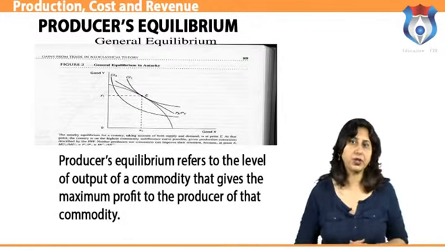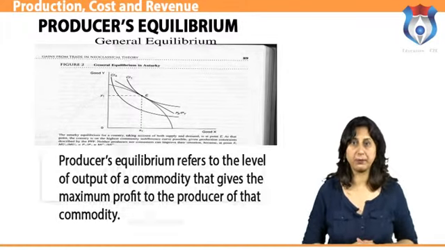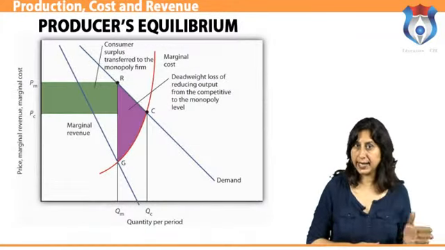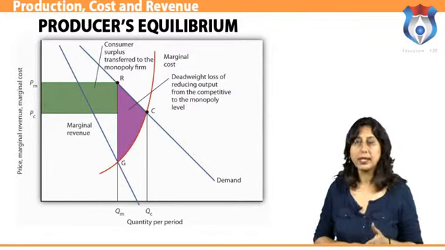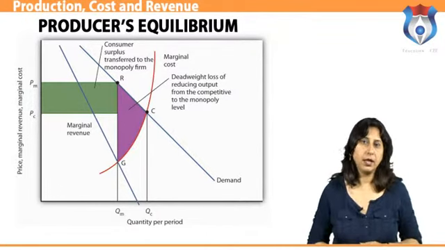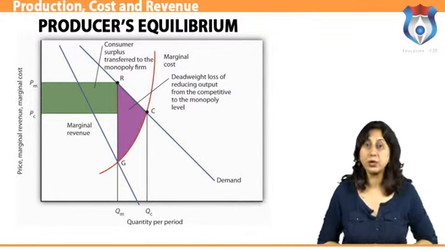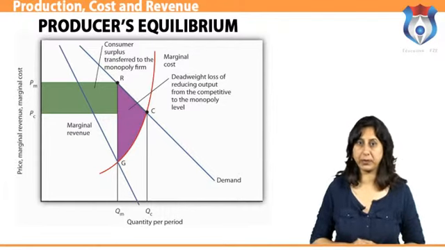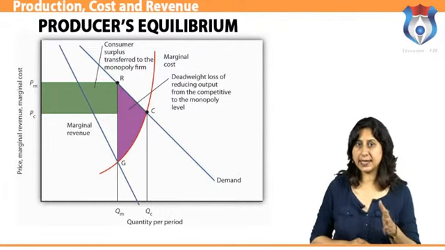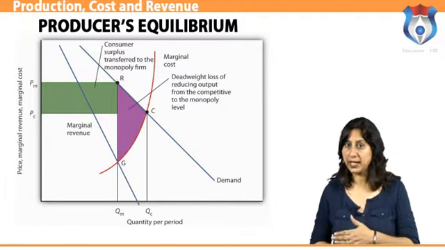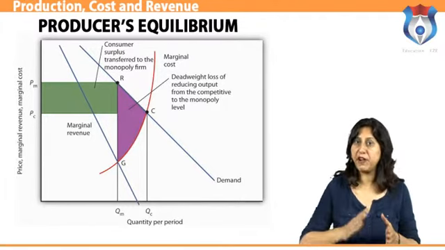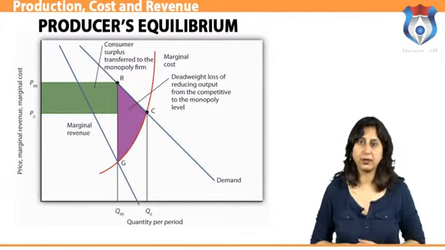There are two approaches to achieve producer equilibrium: total revenue less total cost, or TR minus TC. According to this approach, there are two conditions of producer's equilibrium: TR less TC is maximum, and profits fall if one more unit of output is produced.